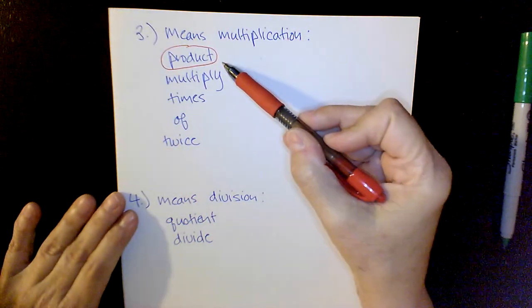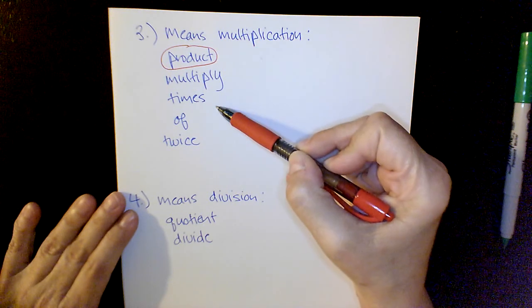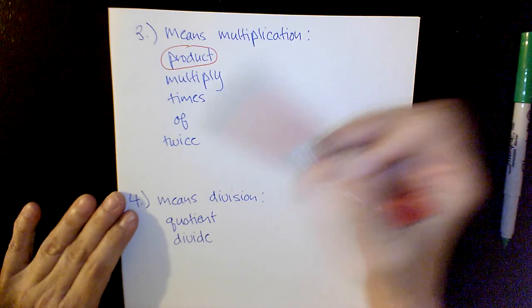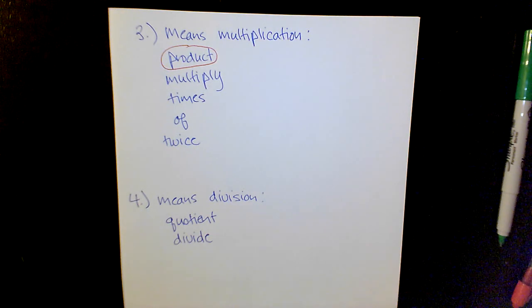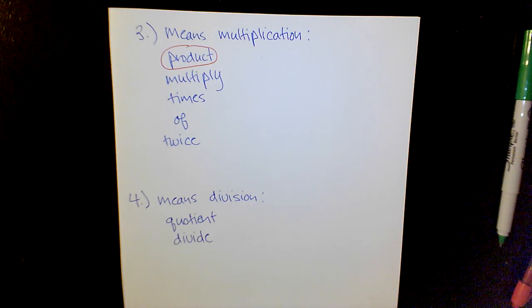If you see product, multiply, times, of, or twice, you know you're going to use multiplication. Product is the main one. We use product a lot, but these other ones are just as important as well.